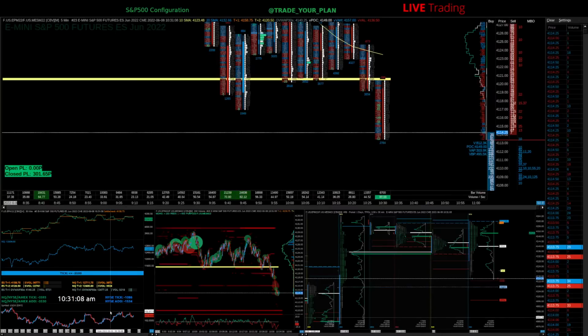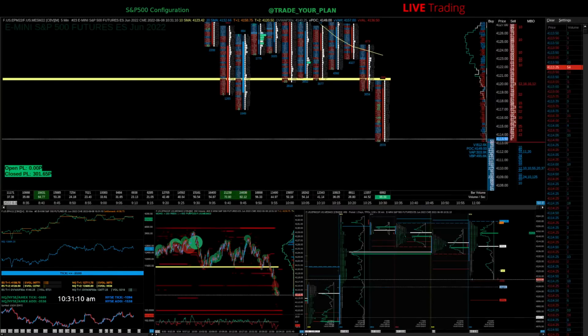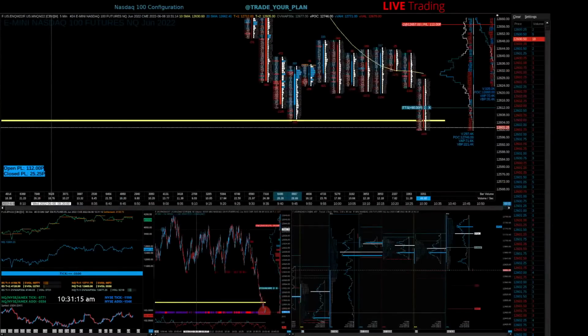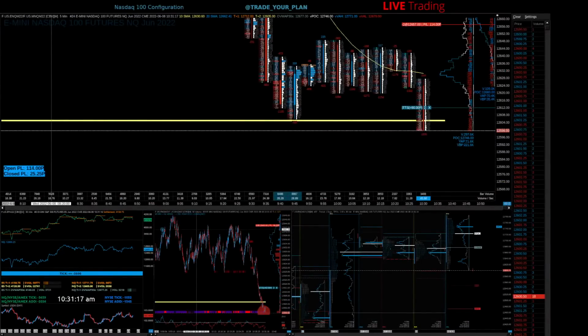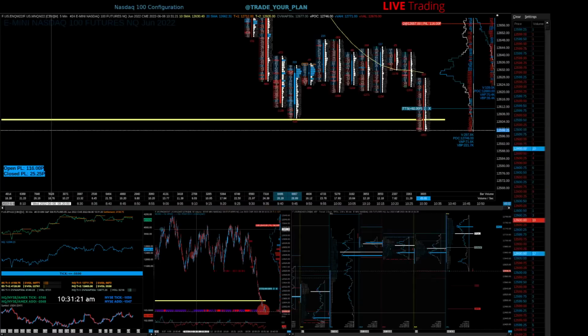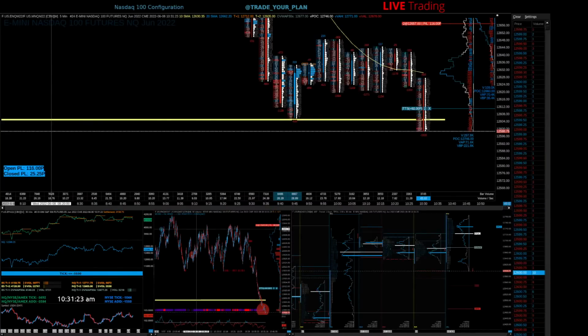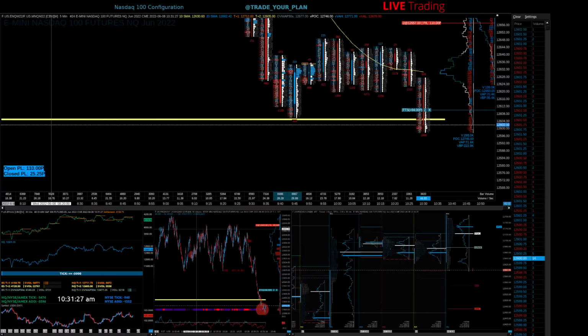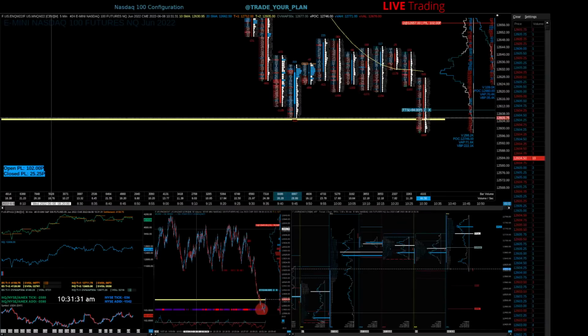Oh, NASDAQ here already tightened up the stop here. It's now going with the market. Here you go. It activated. Stop activated.